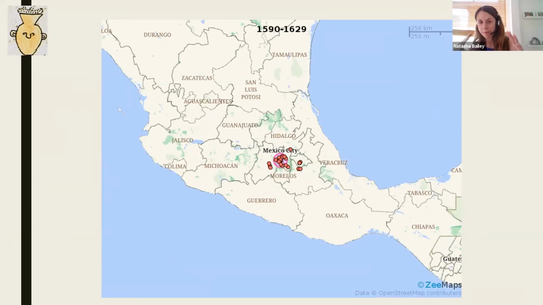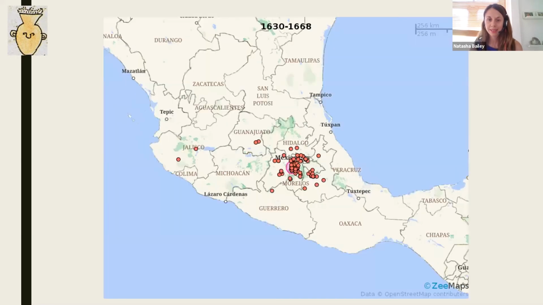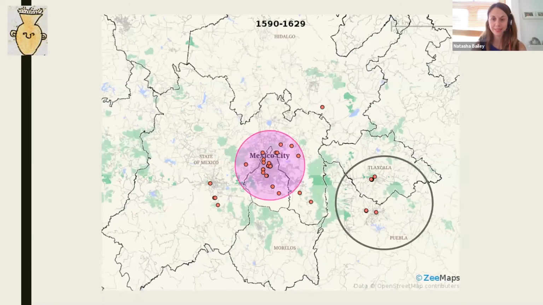We see a much more intensive cluster around the central region and particularly surrounding Mexico City. And there's a little bit more variation, a wider spread again into the mid to late 17th century, but still, once again, very much the region surrounding the city.